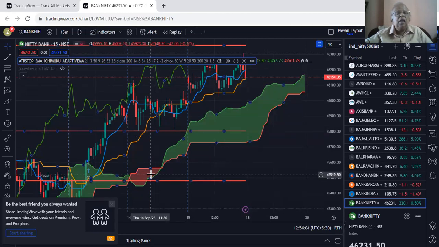Means when the price breaches the cloud from the top, or price is above the cloud, the price is said to be entering the bullish zone, or price is in the bullish zone, in either case.